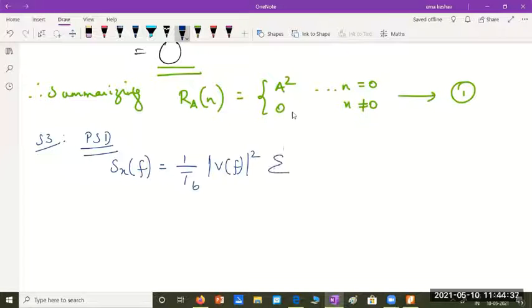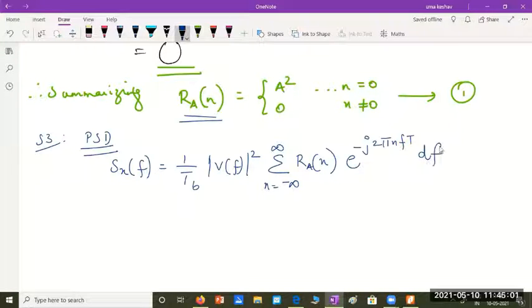And then next is finding the Fourier transform of the autocorrelation function, which will be summation n equal to minus infinity to plus infinity Ra of n, the autocorrelation function, into e to the power of minus j2 pi nfT. I need not write df here because this is just a summation and not an integral, right?